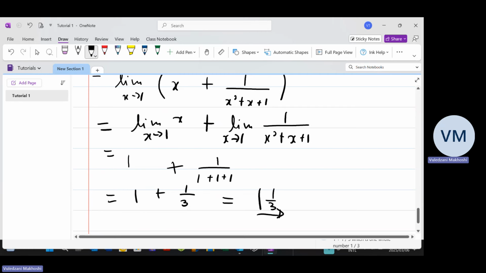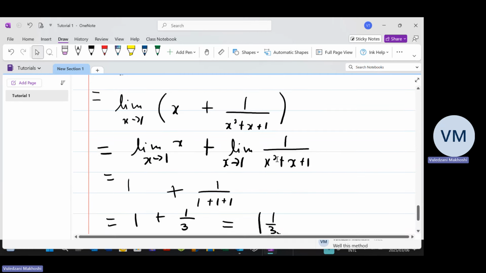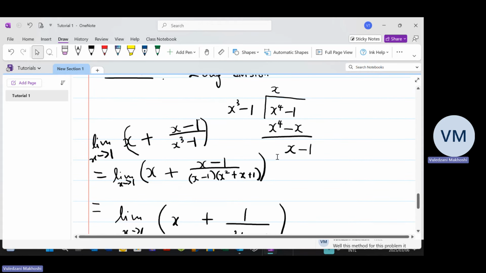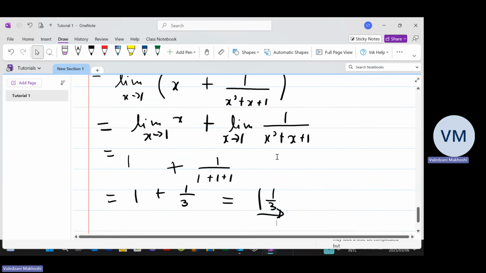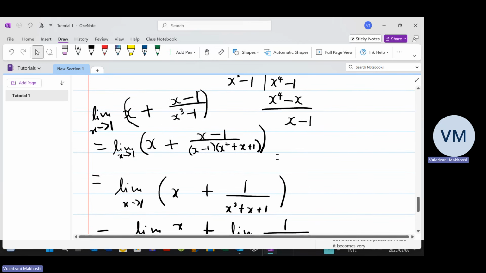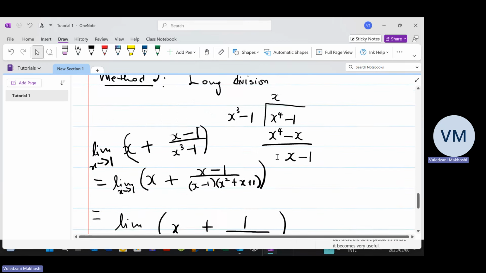Well, this method for this problem may look a little bit complicated, but there are some problems where it becomes very useful. Maybe you're also asking yourself a question as to why did we write like this?